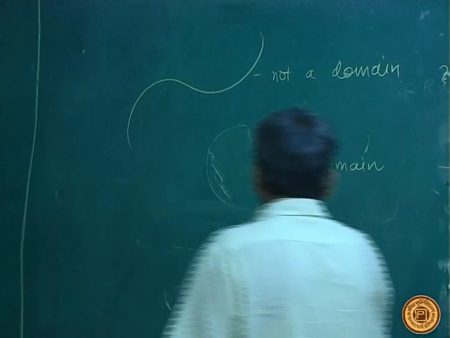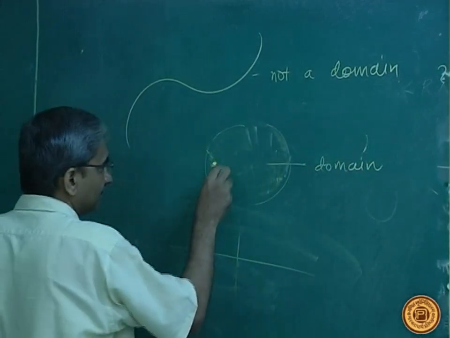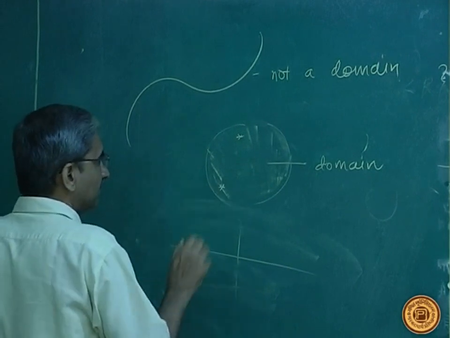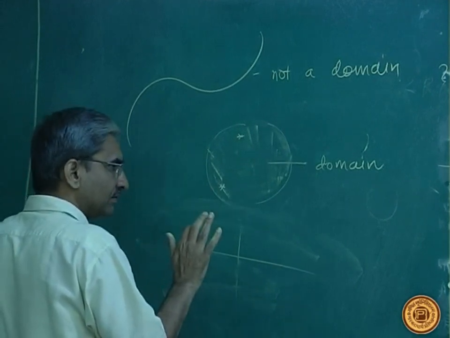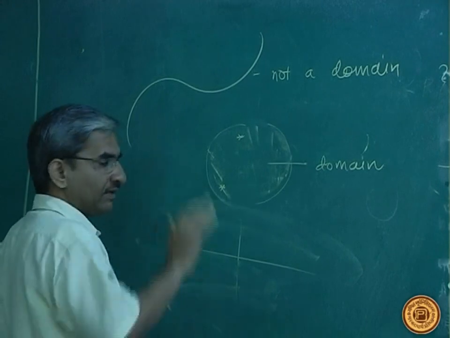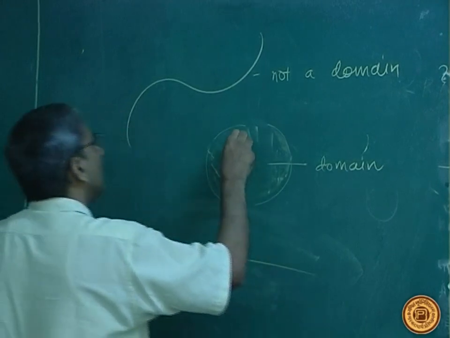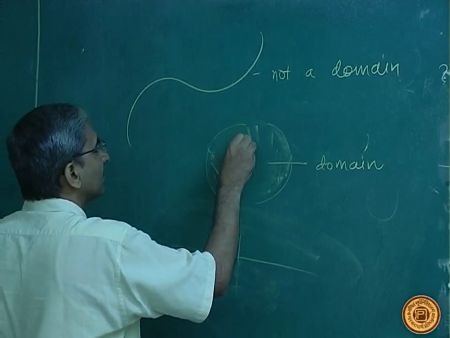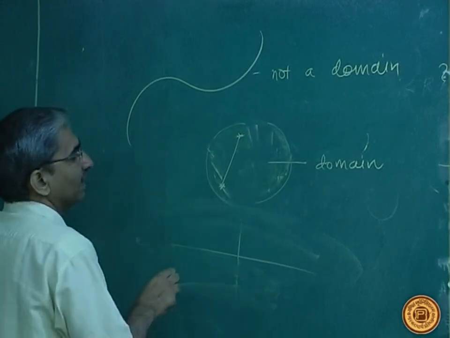So see this domain, for example. If I take this point and this point, now this is not just connected, it is open and connected, remember. So I can join any two points by line segments. Here I can draw just even one line segment.